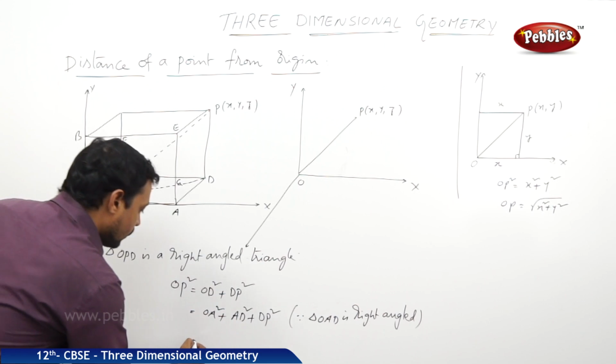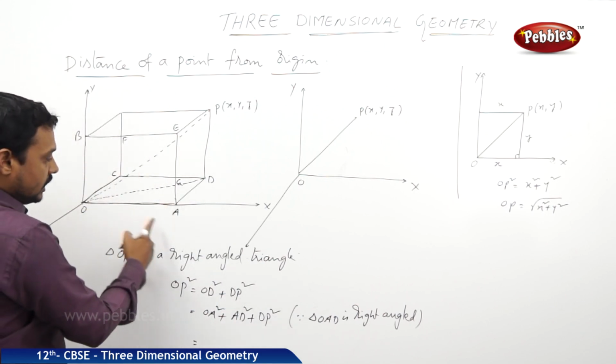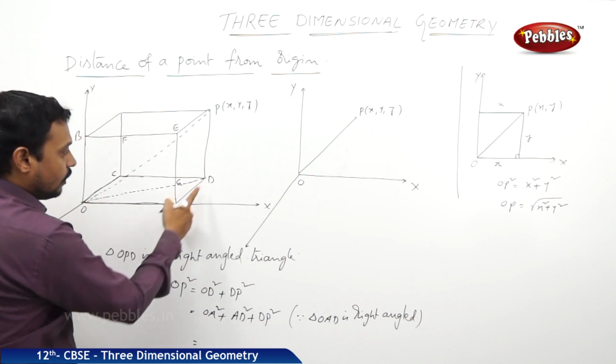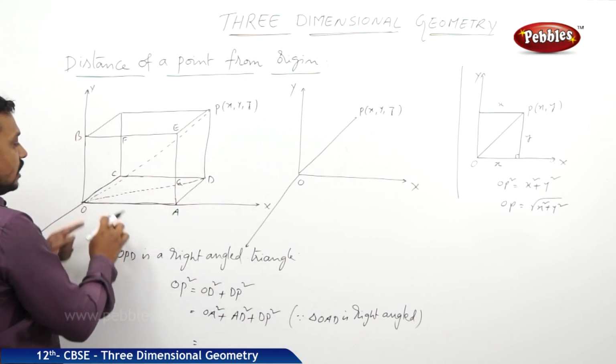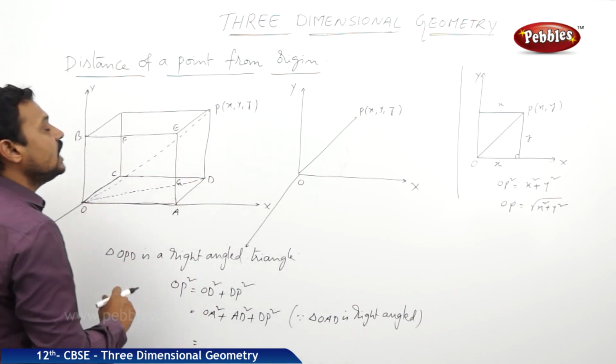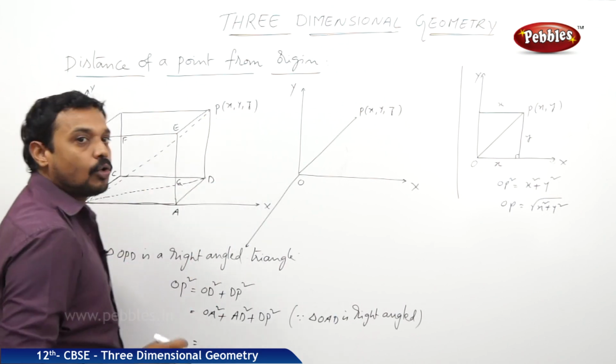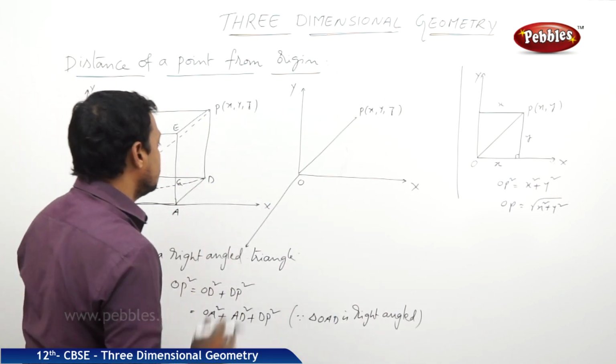Now, what is OA square? What is OA? What is AD? And what is DP? Now see, OA, AD and DP are the three distances of the point P from the different coordinate planes, xy, yz, zx.